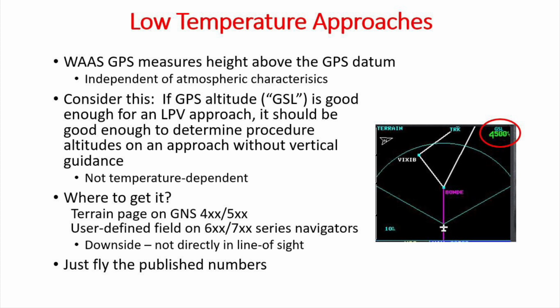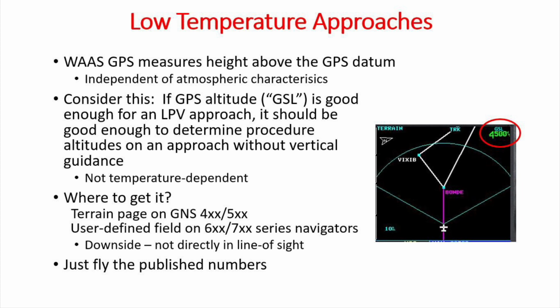Many pilots have complained to me that the GPS altitude is usually wrong. On the contrary, the barometric altitude is wrong whenever the atmosphere deviates from the ISA standard model. Where do you get your GPS altitude? That's the only part that's a little less than ideal, since it's typically a bit out of the pilot's line of sight.